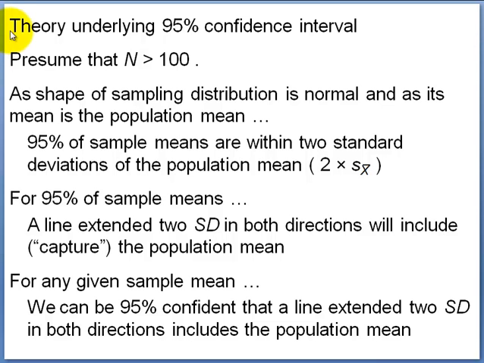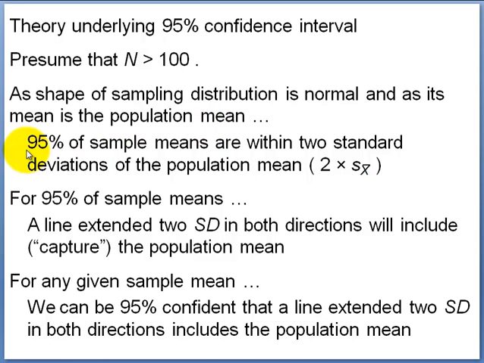So let's sketch out the theory that underlies formation of a 95% confidence interval. We're going to presume in our discussion that n is greater than 100. Given that n is greater than 100, the shape of the sampling distribution is going to be very close to normal. And further, point 1 of the central limit theorem states that the mean of the sampling distribution is the population mean.